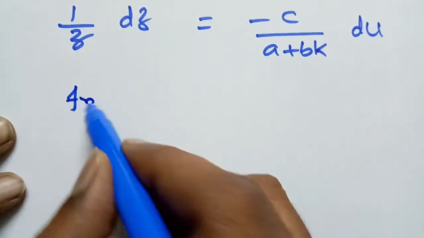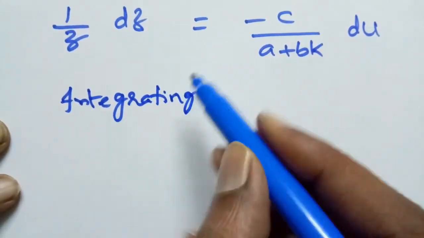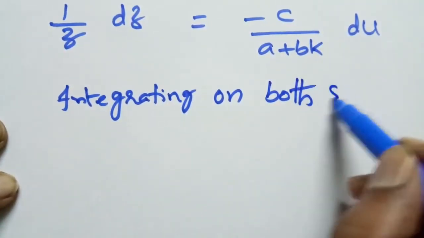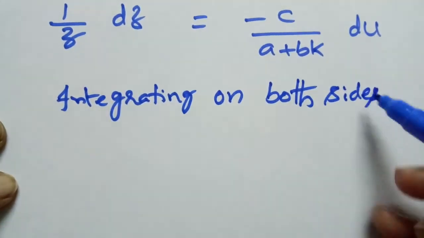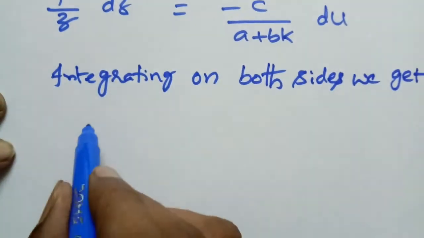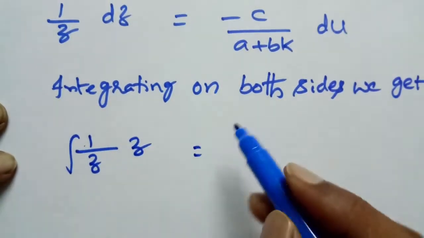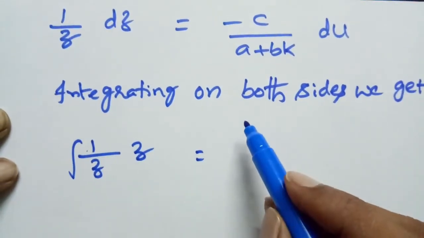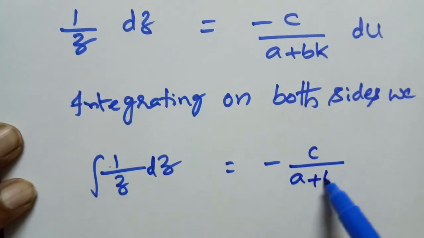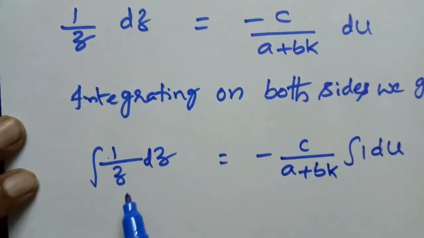Now integrating on both sides, we get integration of 1 by z dz is equal to minus c by (a plus bk) into integration of 1 du.